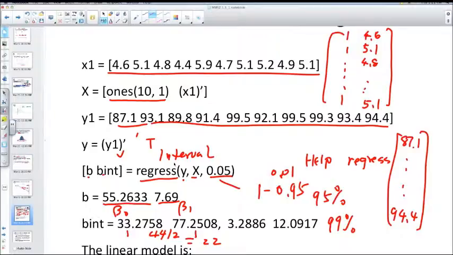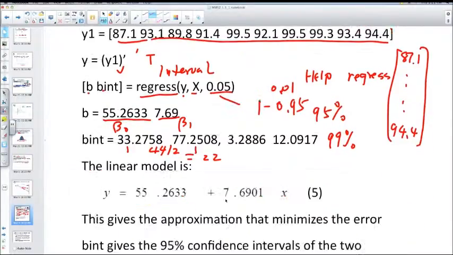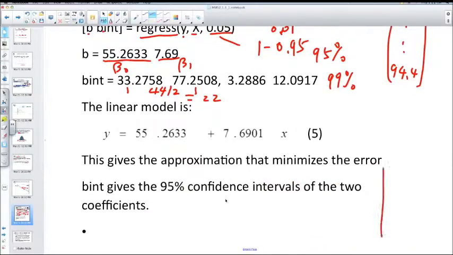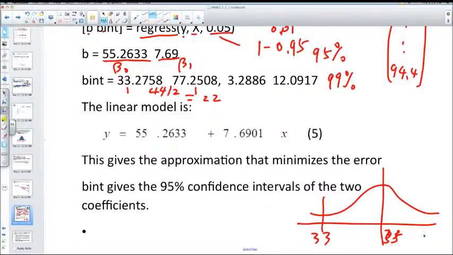So let me draw it. The average is 55 as the intercept. And then here's 33, 77. You remember that the 95% covered approximately 2 standard deviations.